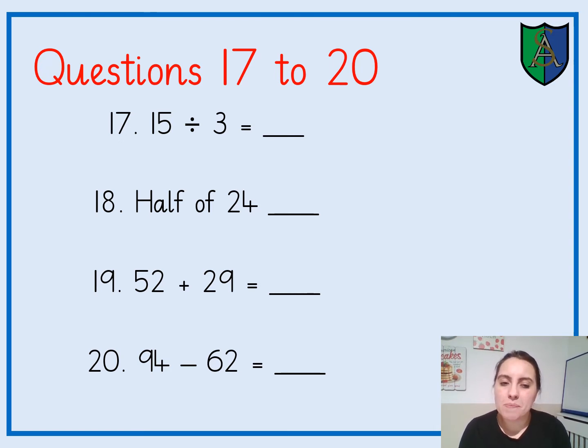Again, question number 18 is half of 24. Number 19 is 52, 29, something. Try that one again. Question number 19 is 52, 29, something. And question 20 is 94, 62, something.